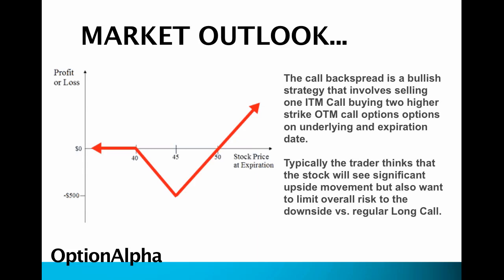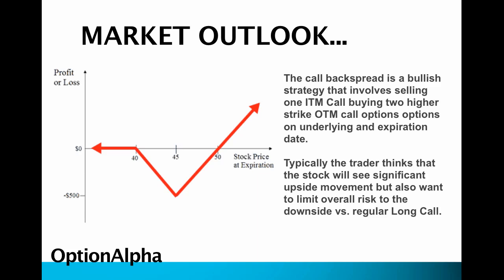The market outlook for the call backspread is that you want to see a bullish move in the underlying stock. Typically, you want to see a pretty significant upside move. You also want to keep your downside risk limited, more limited than with just a regular call option.